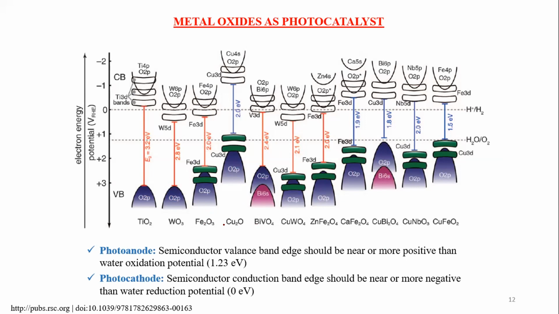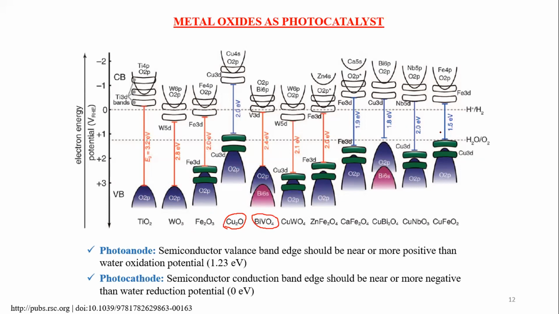The work that we are doing right now is based on cuprous oxide and bismuth vanadium oxide. I'll show you why. But you have different combinations of oxide materials, so one can play with them.